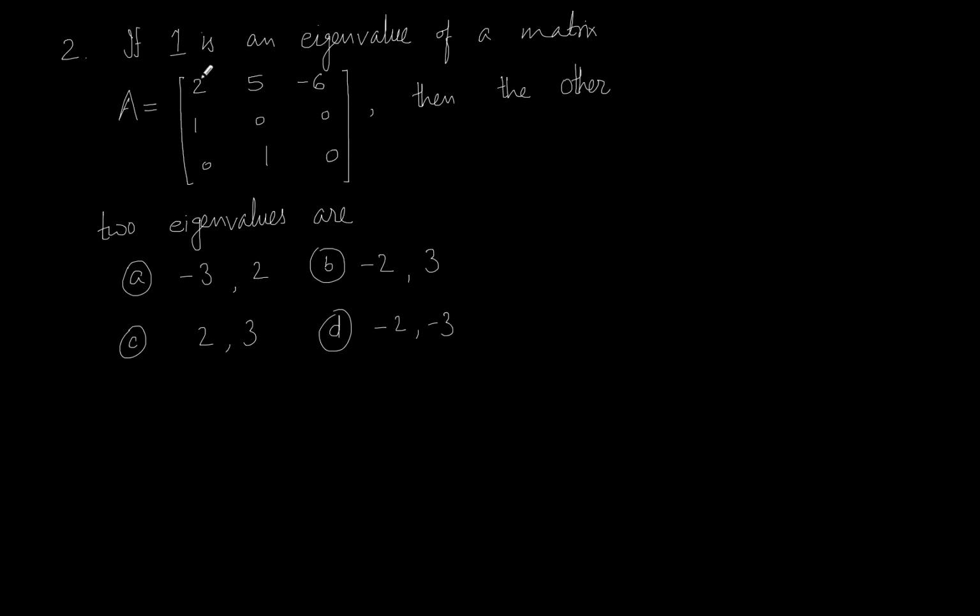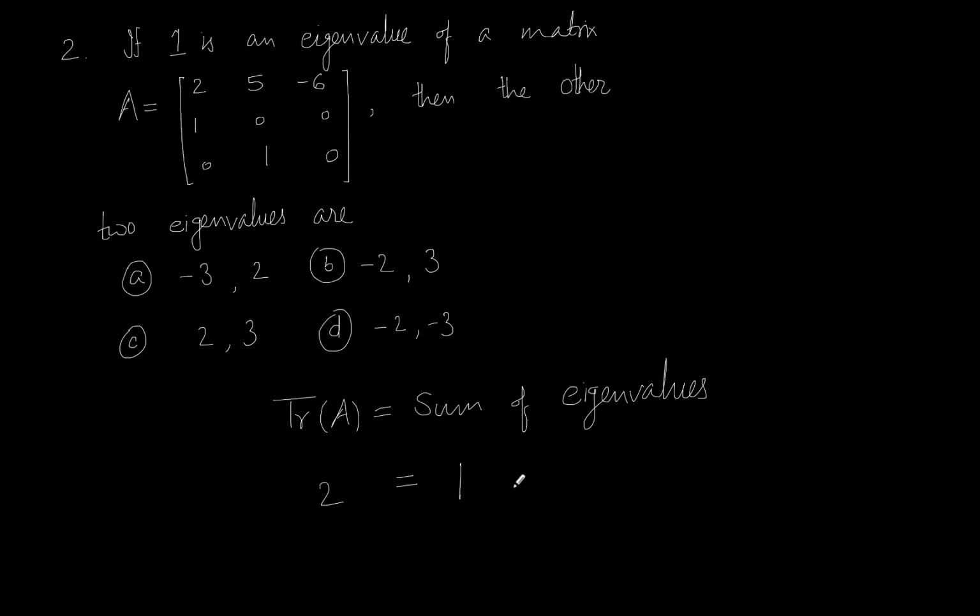We know that the sum of the diagonal entries is the trace, and trace of a matrix is nothing but the sum of eigenvalues. So trace of A for this matrix is 2, and one eigenvalue is given as 1.